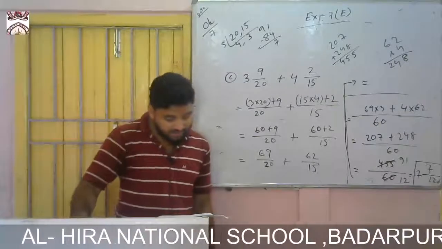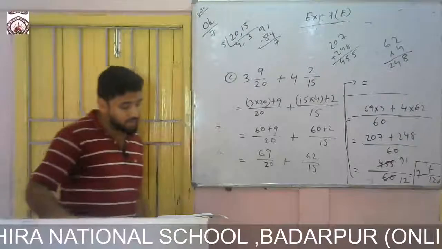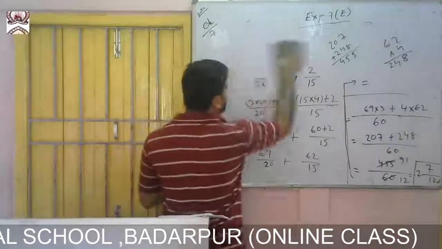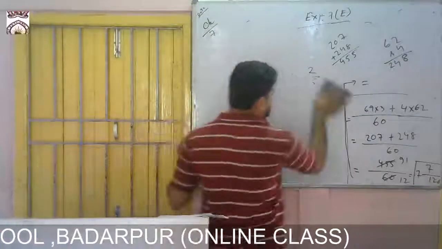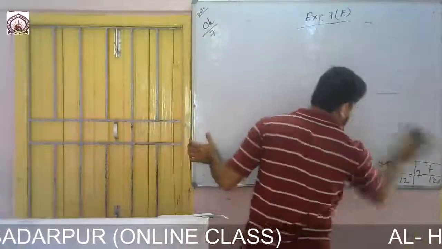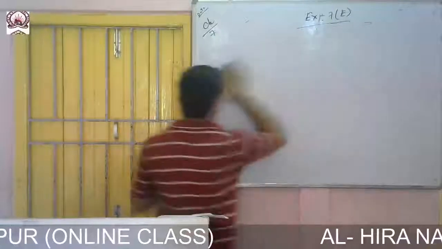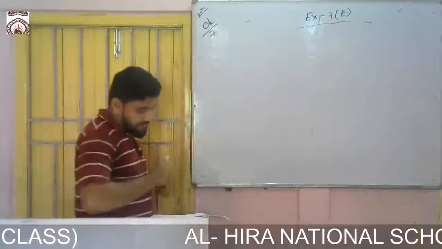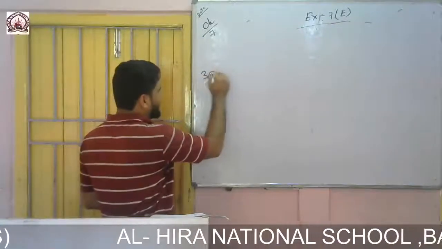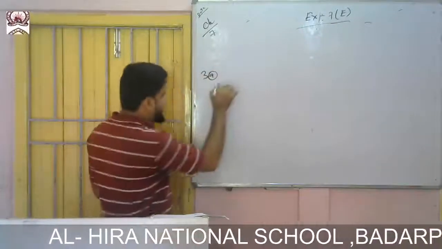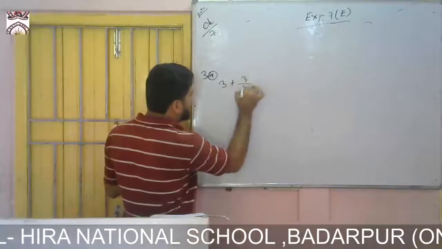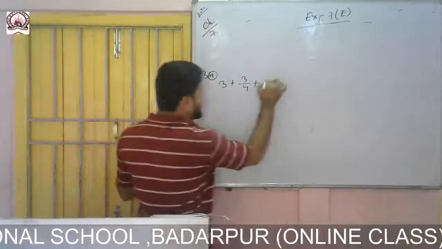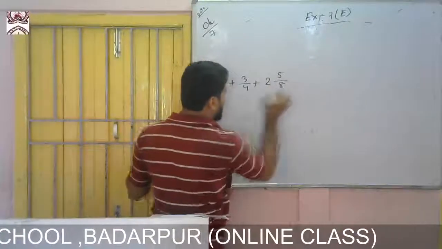So 3 plus 3 by 4 plus 2 plus 5 by 8. So first one you see. So first one is what? 3 plus 3 by 4 plus 2 5 by 8.